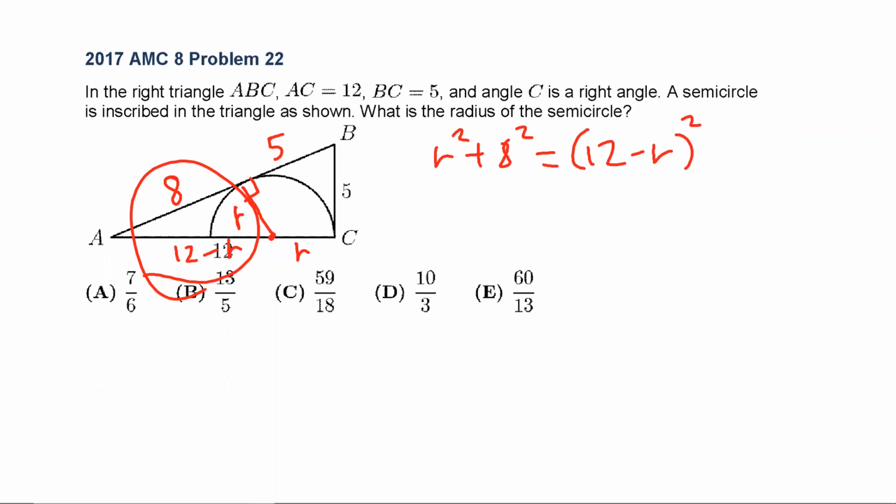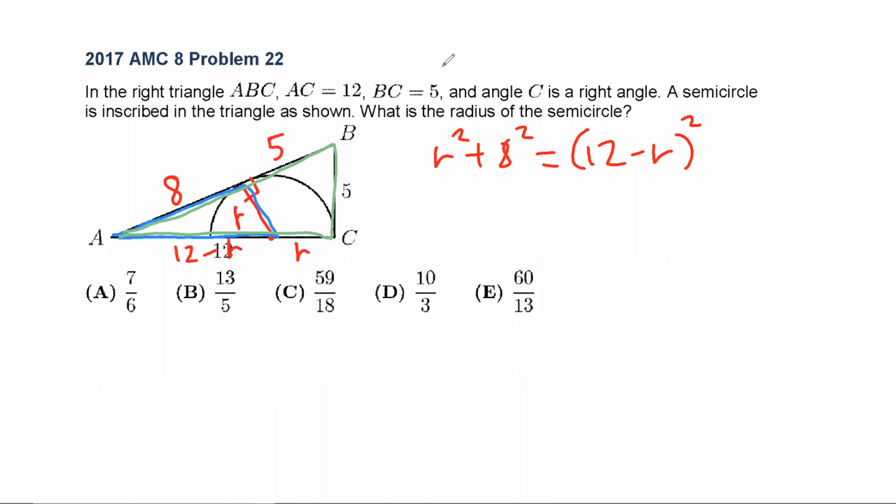Another way you can do it is you can look for similar triangles. For example, this triangle here and this triangle here are similar by AA because they both share angle BAC and one right angle.